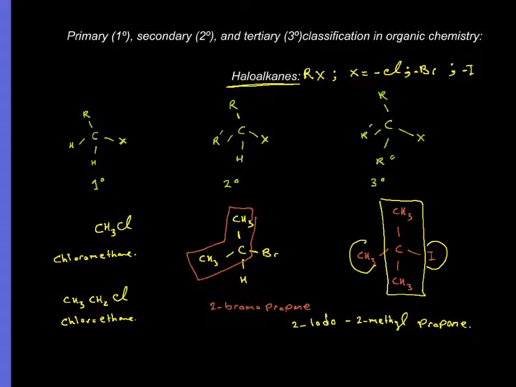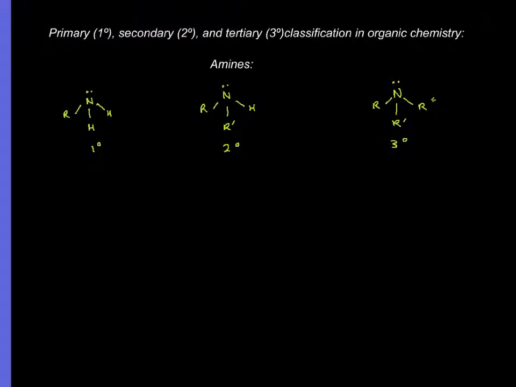Now, last, let's look at amines, which are related to ammonia. Then again, the same sort of classification applies. If one of the hydrogens is replaced by alkyl, then you're an example of a primary. For example, if I put CH3NH2, this is methylamine, and it's an example of a primary amine.